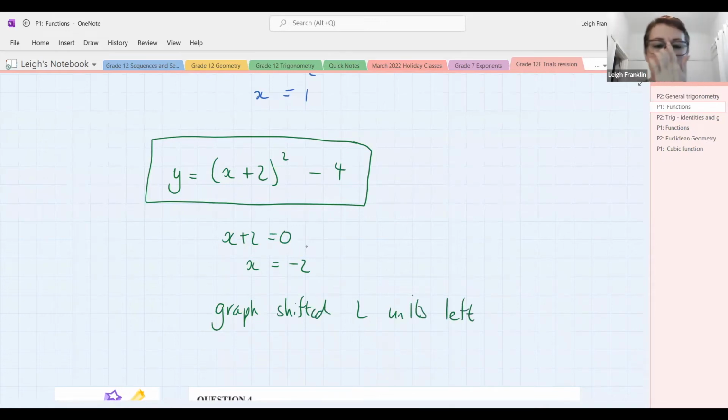Okay, so when they are asking you for the value of p, they are asking you for the value of this number over here. So in this situation, if I said to you, what is the value of p, what would you tell me?